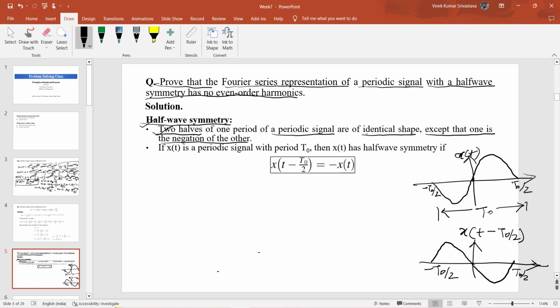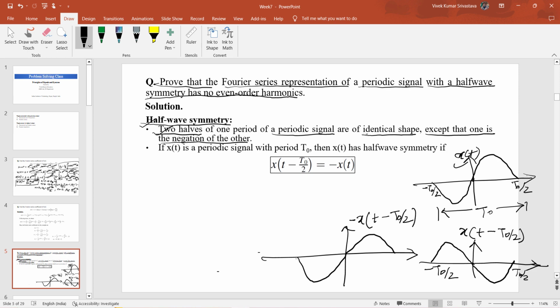Once you take the negation of this shifted signal, you will get the same signal, that is x of t. So I am taking the negation of this signal and getting the same signal, that is minus x of t minus t naught by 2, which equals x of t.